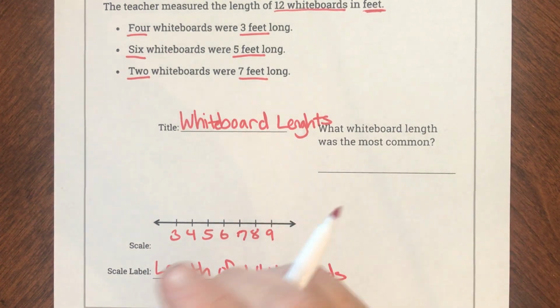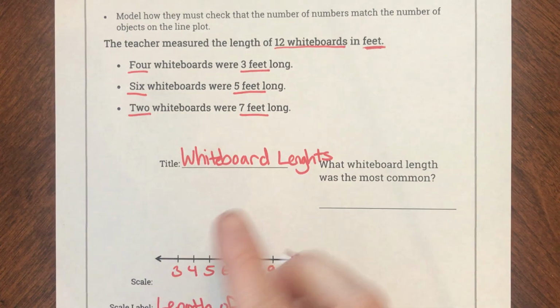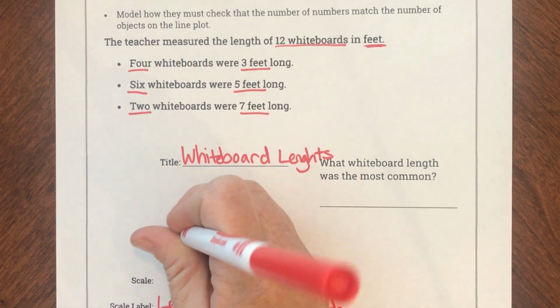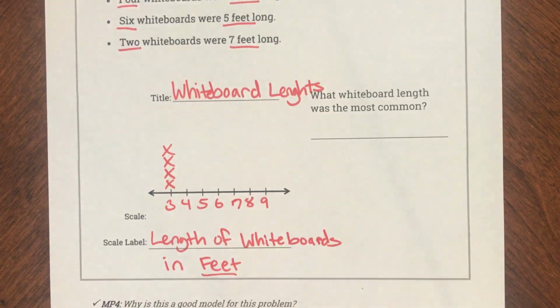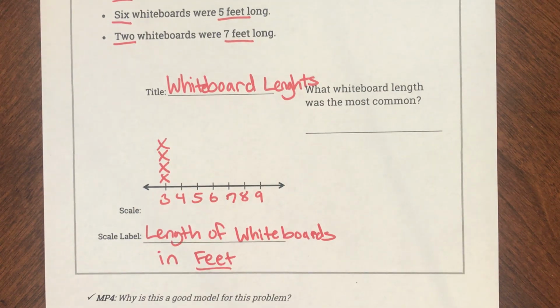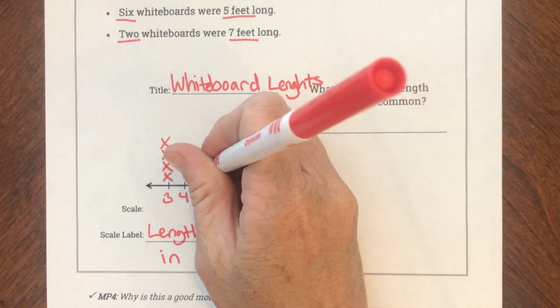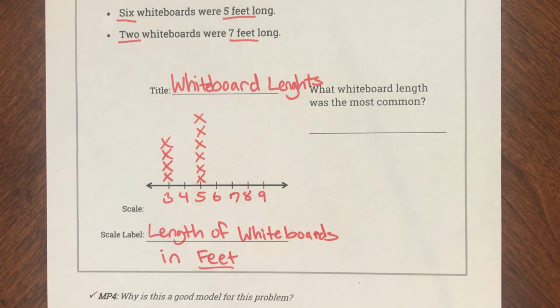Okay, so she said there were 4 that were 3 feet long. So on top of the 3 feet, I need to put 4. There's 4 that were 3 feet in length. There's 6 whiteboards that were 5 feet in length. So 1, 2, 3, 4, 5, 6.